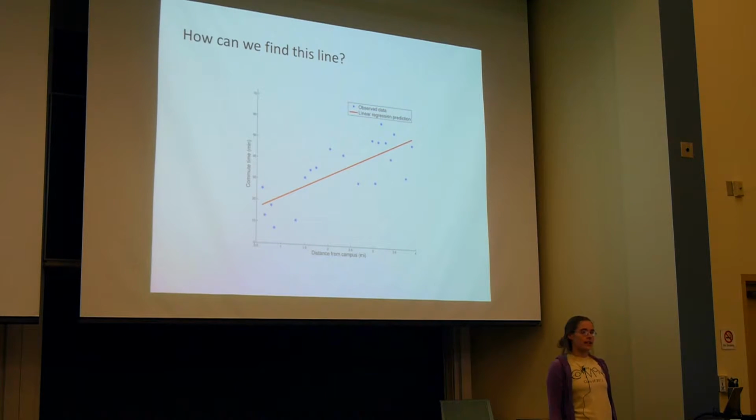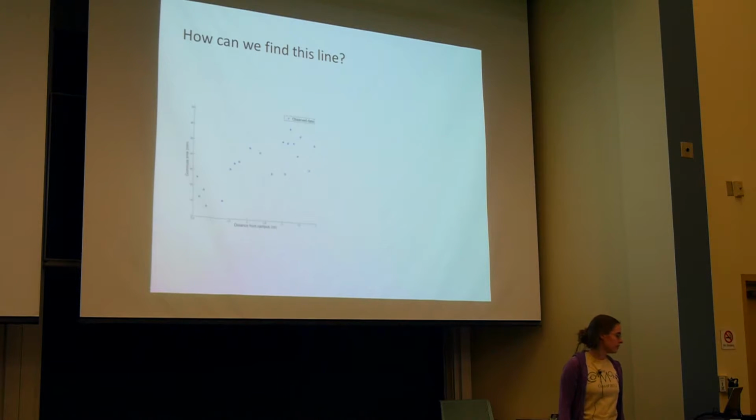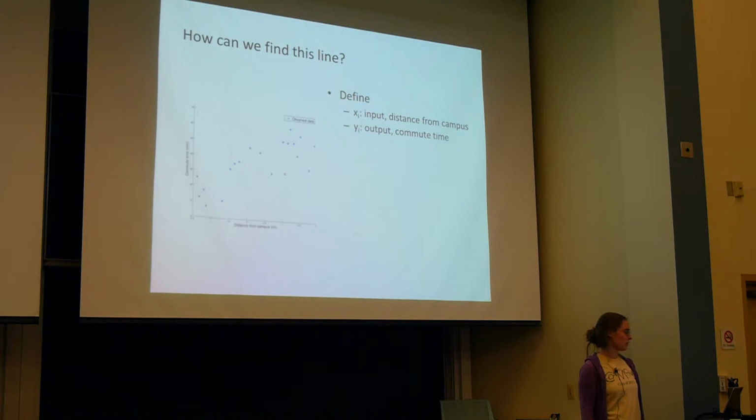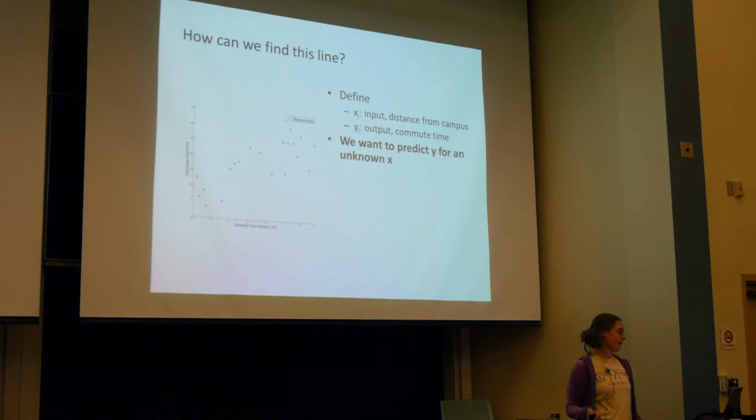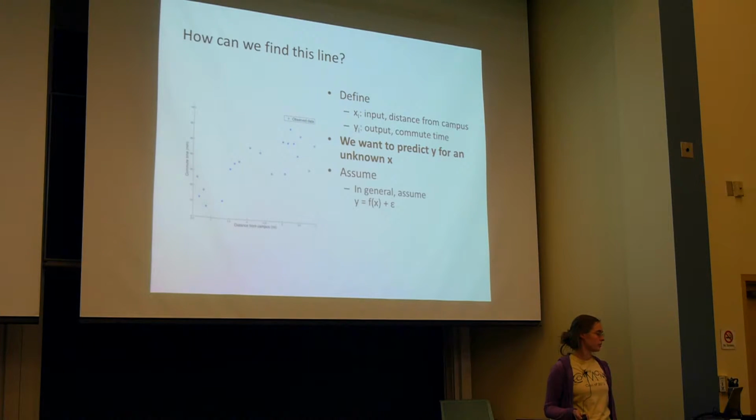So what we're interested in, in order to make this prediction, is finding this line from the points that we have. So we're going to formally define our input, the dependent variable, the distance from campus, which was plotted there. And then the output is the commute time. And we want to predict y for an unknown x that we haven't seen before.